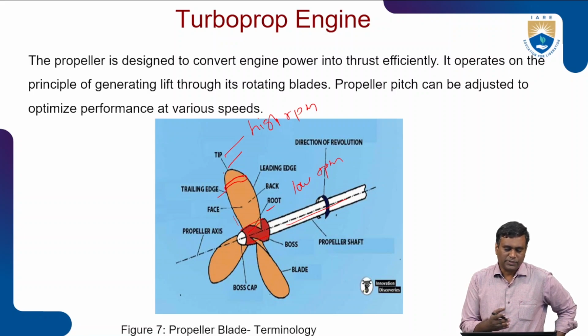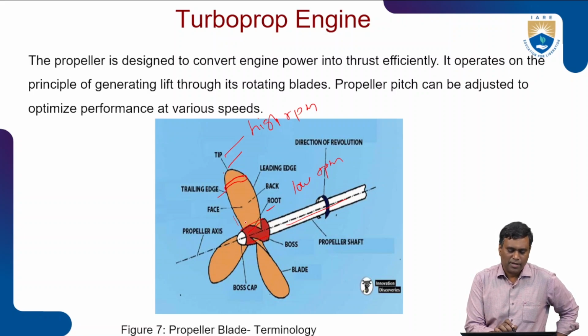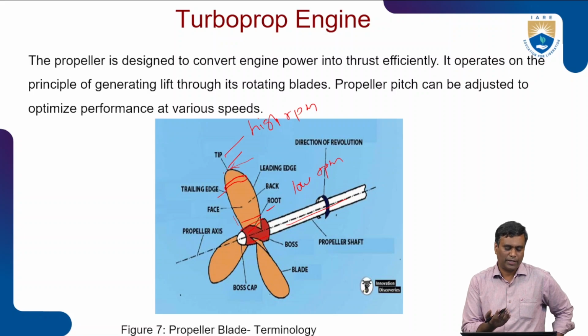Blade twist is also there, because the blade at the root will not have the same geometry at the tip. So there will be a twist angle. That is to reduce the aerodynamic losses at high speeds and to increase the efficiency, so that at high RPM it can generate more thrust, right?